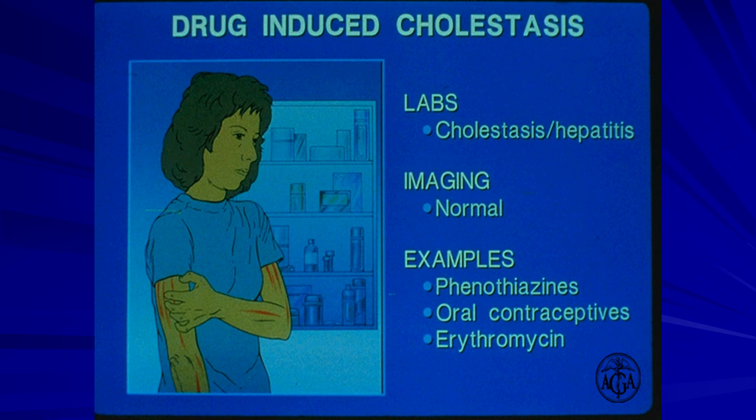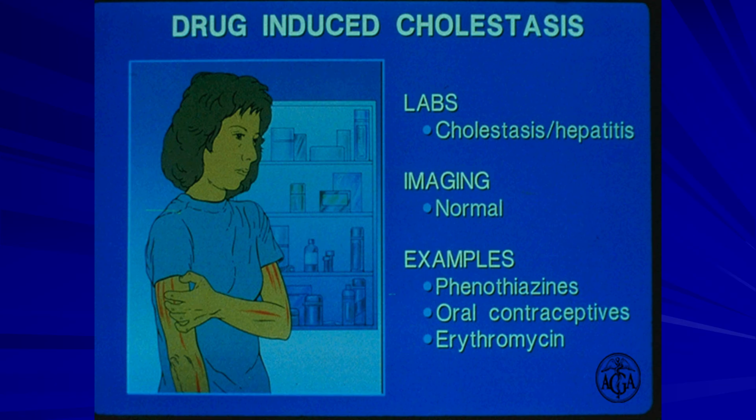Now, if you have evidence of cholestasis, meaning that the patient has pruritus and fatigue, and increase in the alkaline phosphatase, gamma-glutamyl transpeptidase, and conjugated bilirubin, but there is no obstruction, meaning that the imaging of the liver is normal, you have to think of what we call intrahepatic cholestasis, and one of the most common causes is drug-induced cholestasis.